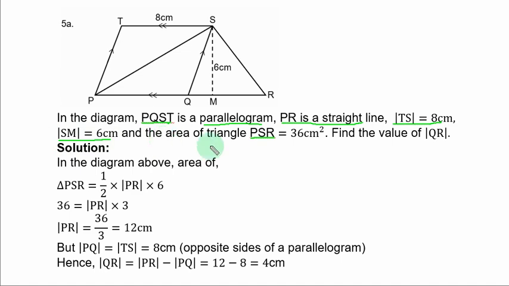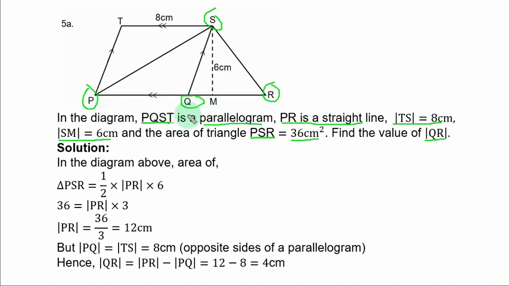And the area of triangle PSR is 36 square centimeters. Find the value of QR. That is from here, value of QR. But then let us try and get PR, the whole length.